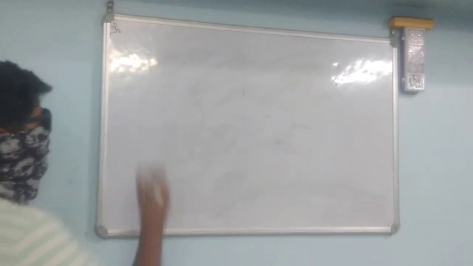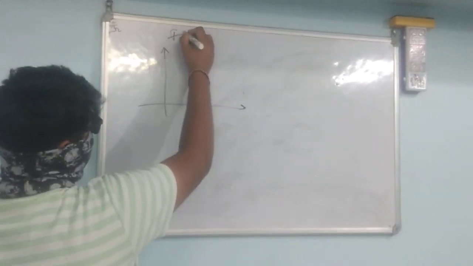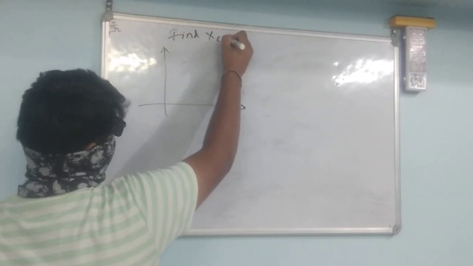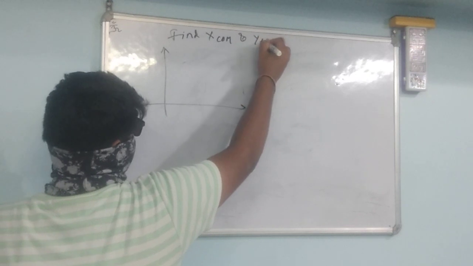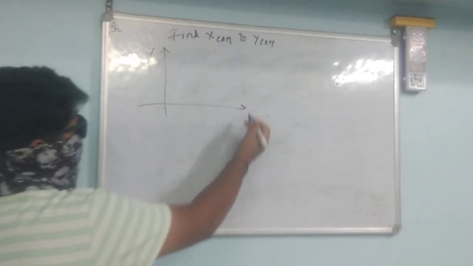So our next question is here, find x center of mass and y center of mass. In this we have to find two center of masses, at x axis and at y axis. Look at this slide.